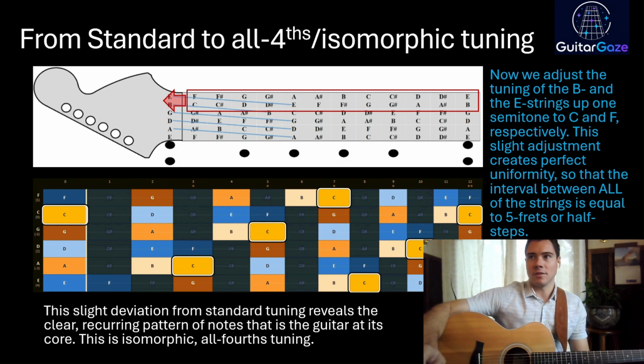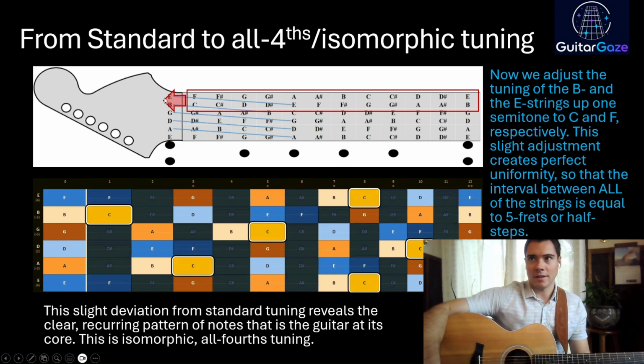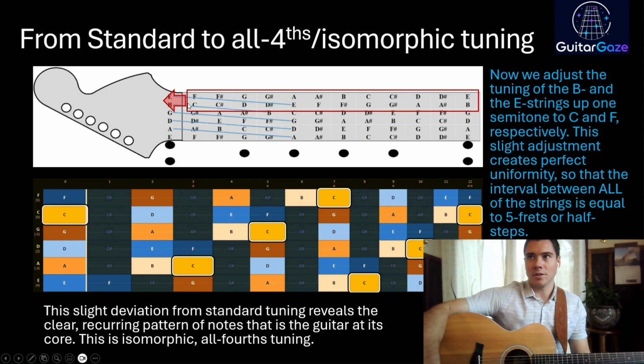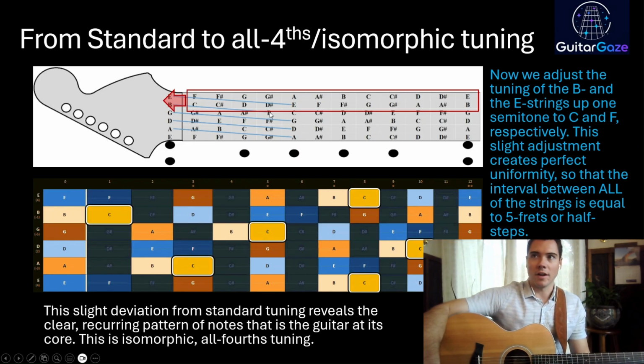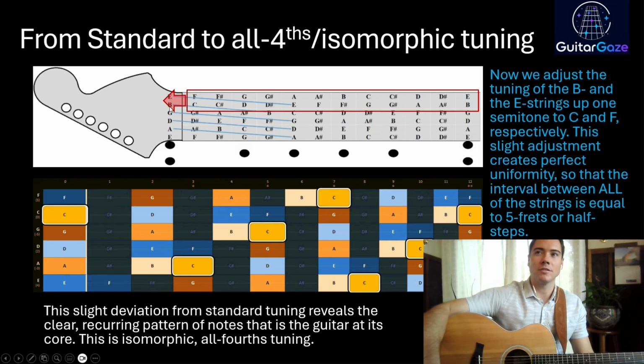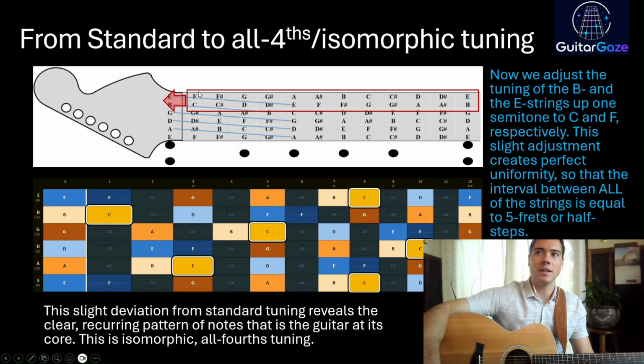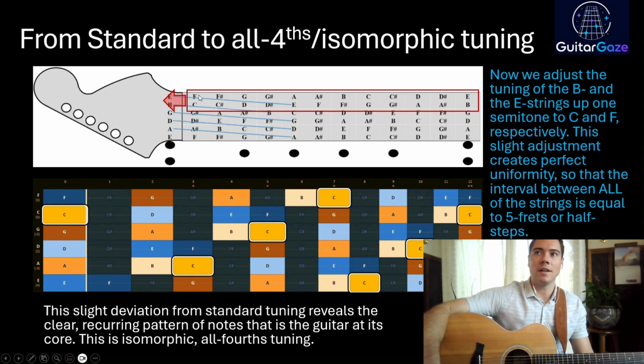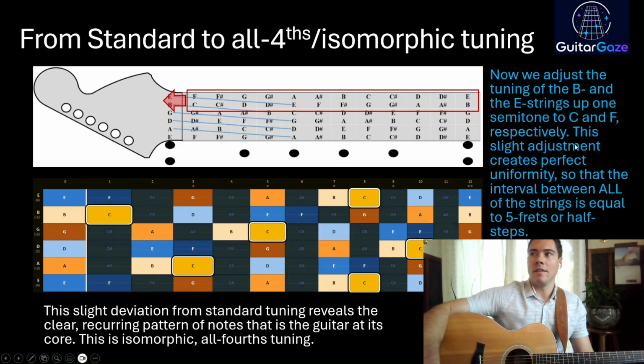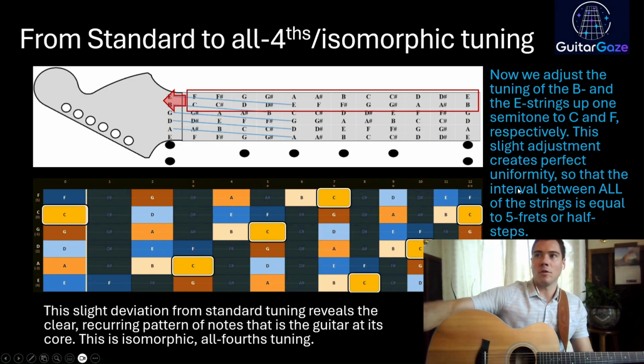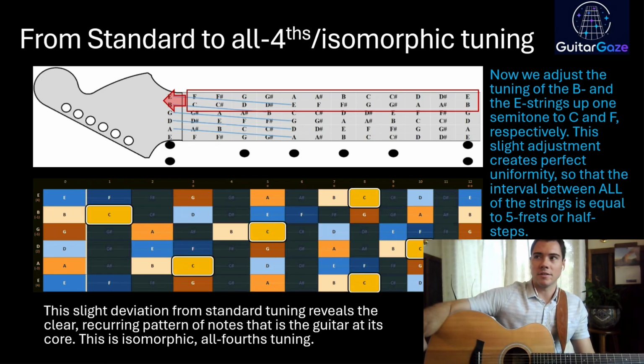Now let's address this discontinuity on the guitar. As I mentioned, there's that one interval between the G and the B string that is equivalent to 4 frets or half steps. If we make a slight adjustment where, instead of having these top two strings tuned to B and E, we tune them to C and F, then the interval between all of the strings on the guitar is equivalent to 5 frets.